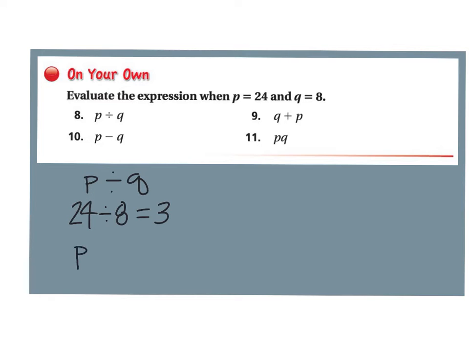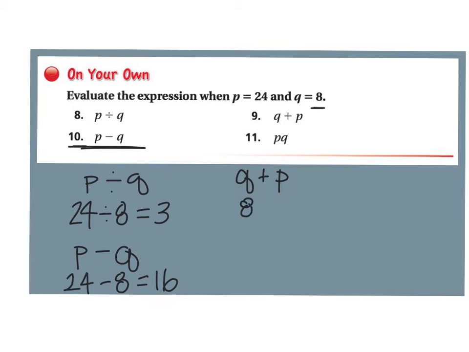If we have p minus q, like we do in this one, then we would do 24 for p minus 8 instead and solve to get 16. Here we have q plus p. Q is 8 plus p is 24, and then we'd solve. 8 plus 24 is 32.